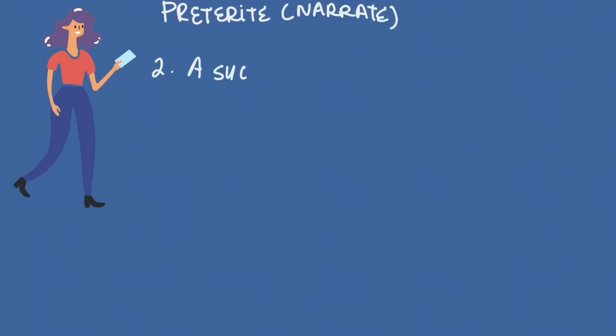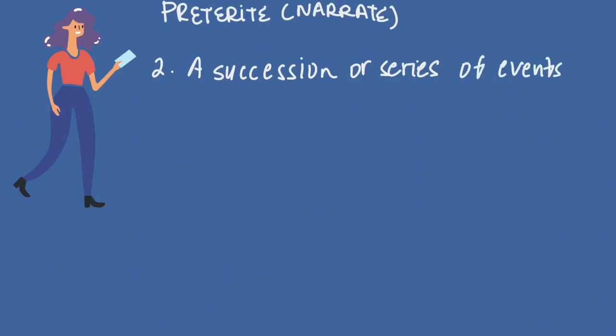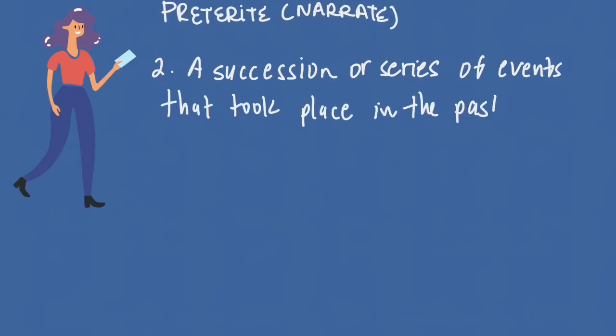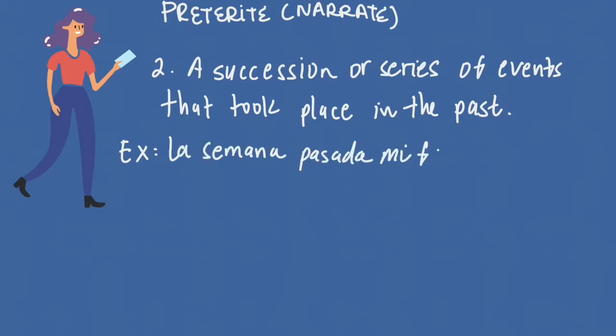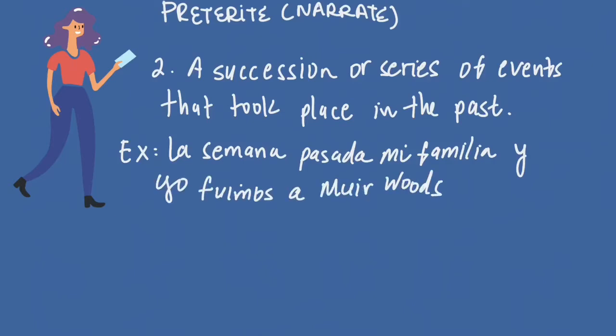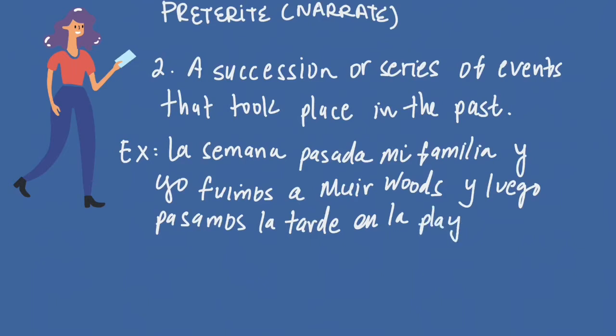Second, we also use it to narrate a succession or series of events that took place in the past. For example, la semana pasada, mi familia y yo fuimos a Muir Woods y luego pasamos la tarde en la playa.